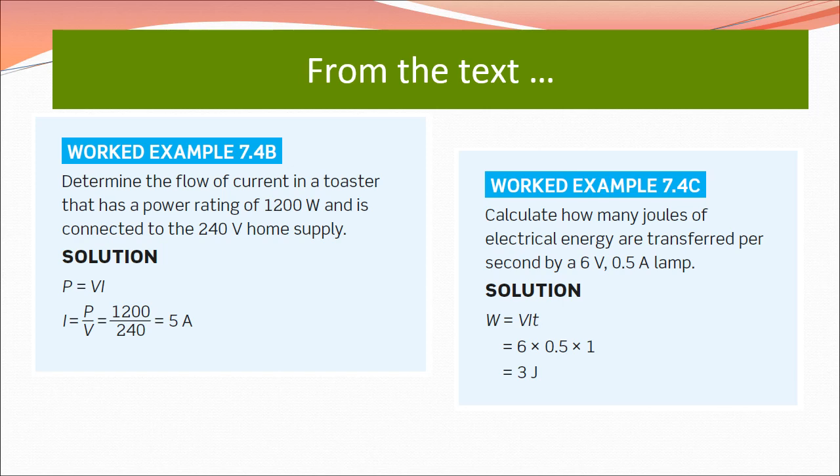The reason for that is in America their home electricity supply is only 110 volts. So let's say, for the sake of argument, that it's a 1200 watt kettle, and we wanted to boil some water in that kettle in America versus in Australia.